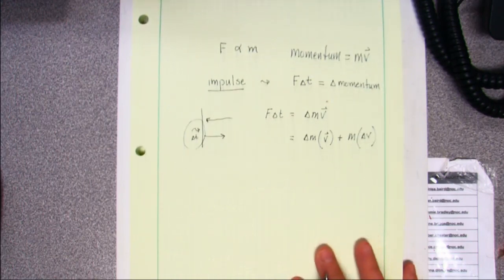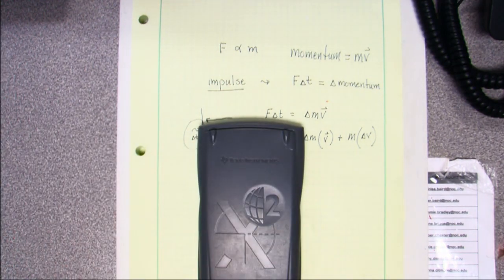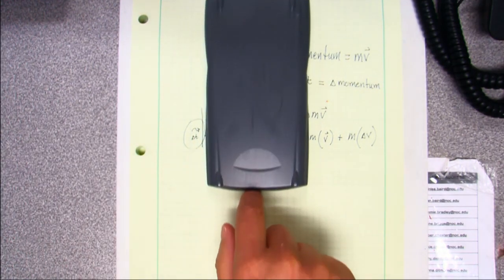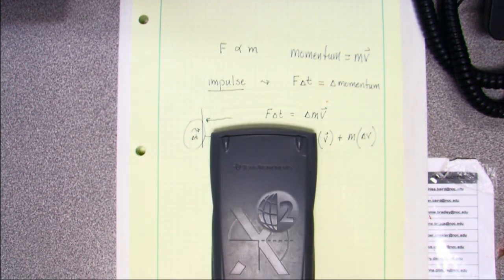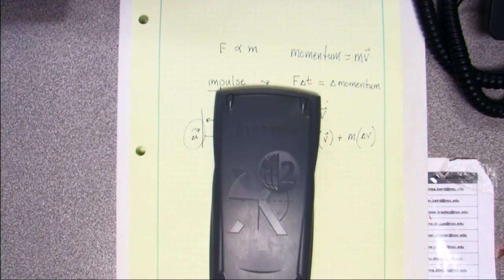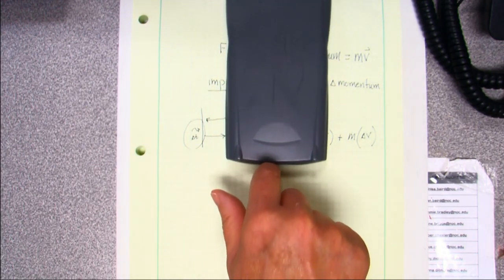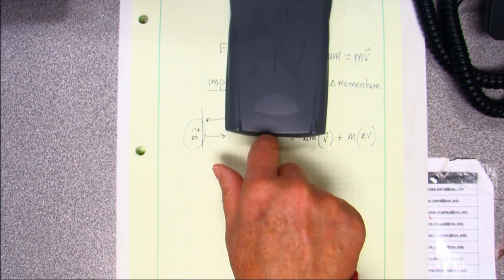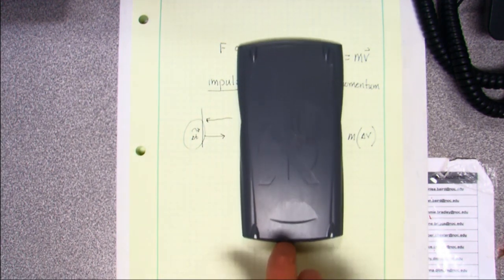But let's think about this for a second. In most conditions, I can have a change in velocity of my calculator as I'm pushing it down, right? But while I'm doing this, am I doing anything to the mass of my calculator?